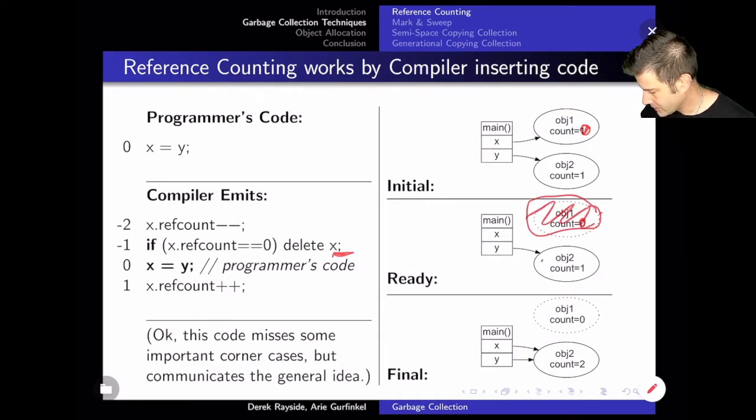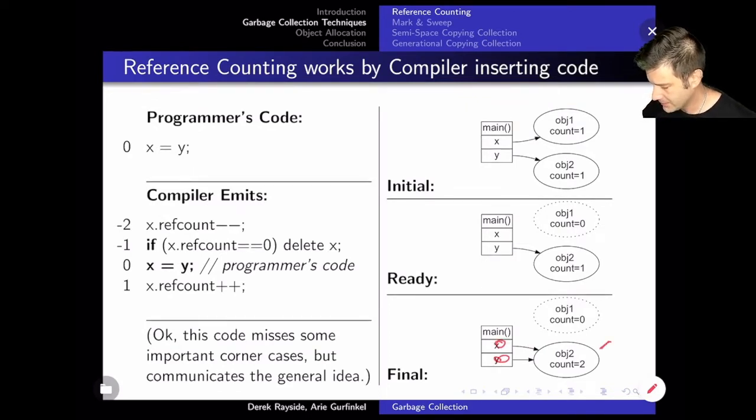And then we take object 2, we copy it into x, and then we go and increment its reference count. So its reference count is now 2. So basically, we have to get rid of variable y and get rid of variable x before we can get rid of that object. A compiler will also insert appropriate things, obviously, at the end of lifetime. So whenever, say, x and y go out of scope, they're not just forgotten, but the reference count is decremented for the object that they point to.